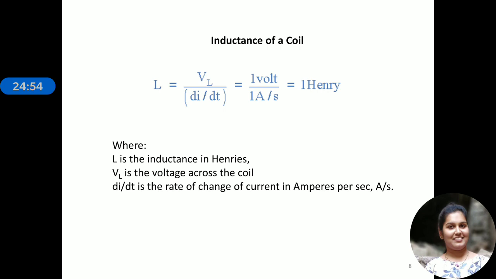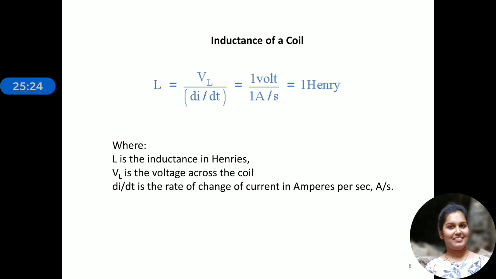Inductors are generally made up of individual loops of wire combined to produce a coil, and if the number of loops within the coil is increased, then for the same amount of current through the coil, the magnetic flux will also increase.